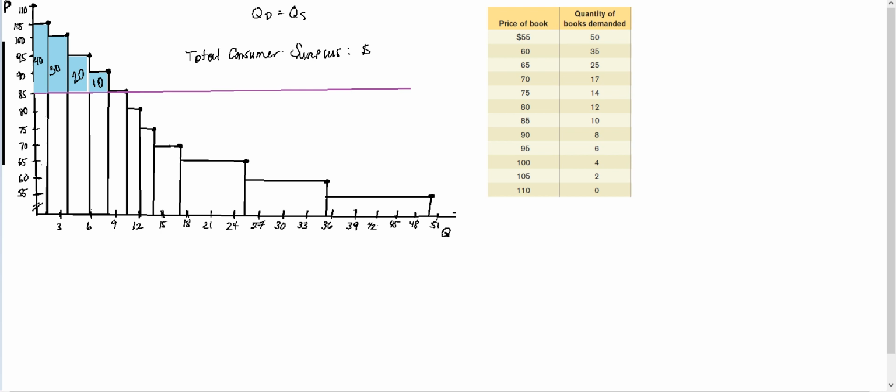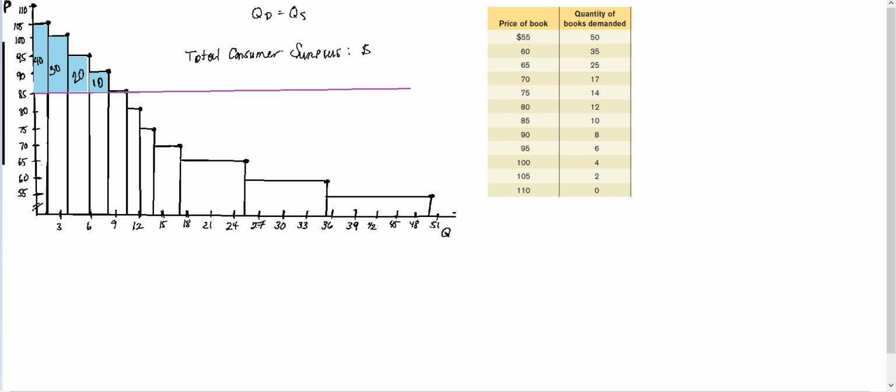So first of all, let's consider this quantity demanded. Now I need you to think about not the total quantity demanded at each price, but how many more buyers come to the market as the price drops, because that's going to give us the width of the rectangles.